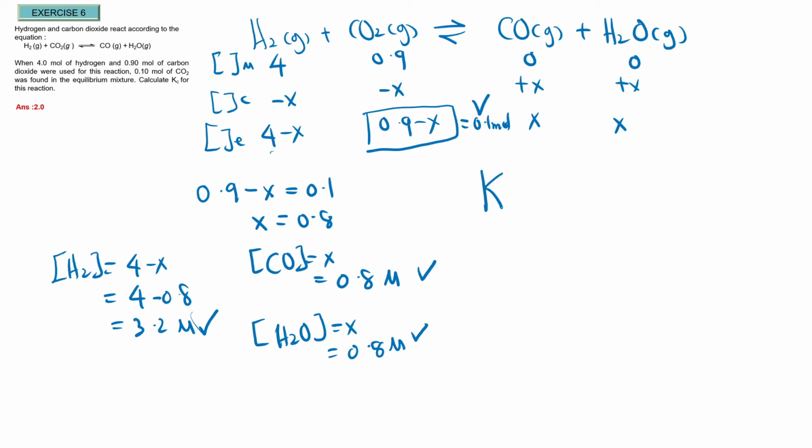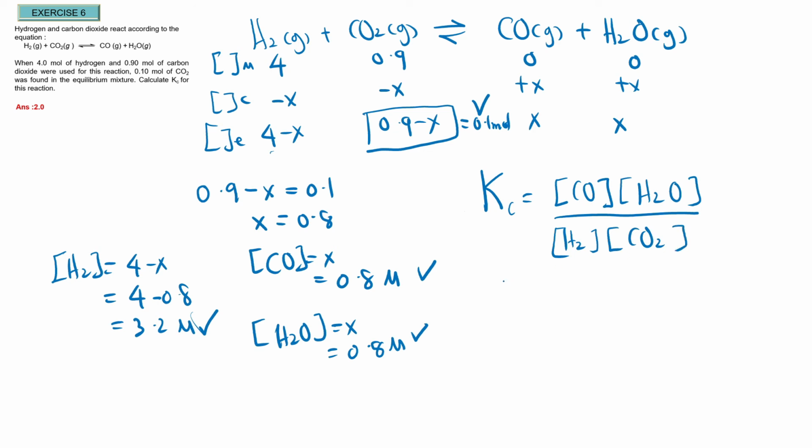So we can write the Kc. So Kc is equal to concentration CO times concentration H2O over concentration of H2 times concentration of CO2. Substitute the values that we got just now: 0.8, 0.8, 0.1, 3.2.